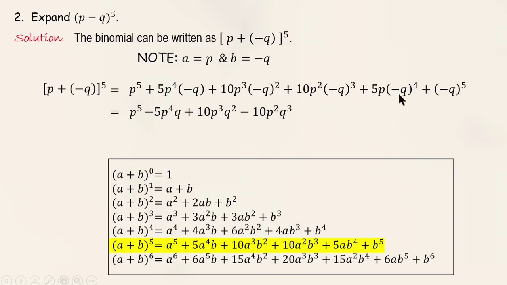The quantity negative q raised to 4 is positive q raised to 4 times positive 5p is positive 5p times q raised to 4. Then the quantity negative q raised to 5 is equal to negative q raised to 5. And this is the expansion of p minus q raised to 5.